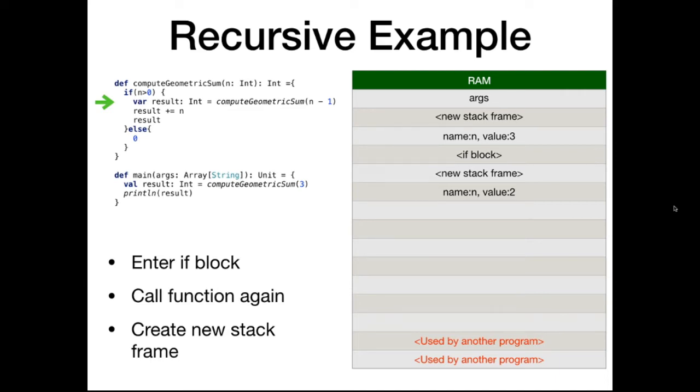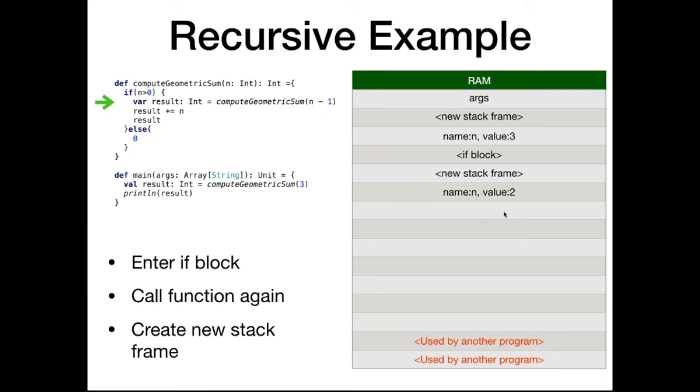If n is greater than 0, that's true in this case, we're going to start this new if block, and this if block is going to call geometric sum of n minus 1. So we're calling this method from inside the method itself, which is where we get the definition of recursion. A method that calls itself is a recursive method. So compute geometric sum just created a new stack frame with an expression that evaluates to 2. So we're going to create a brand new stack frame.